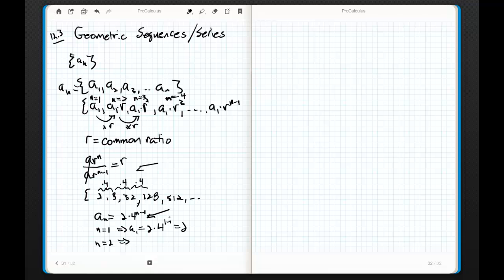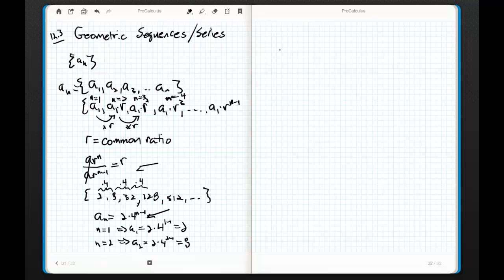Make sure that your rule actually spits out the sequence that you want. When n equals 2, A sub 2 is equal to 2 times 4 to the 2 minus 1. Well, 2 minus 1 is 1. 4 to the 1 is 4. 2 times 4 is 8.